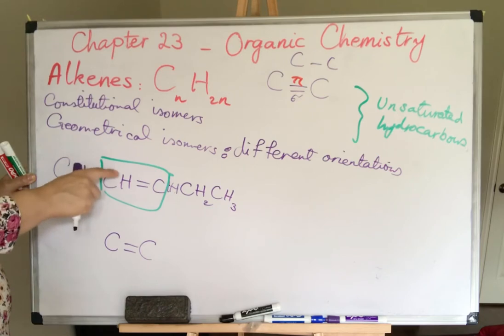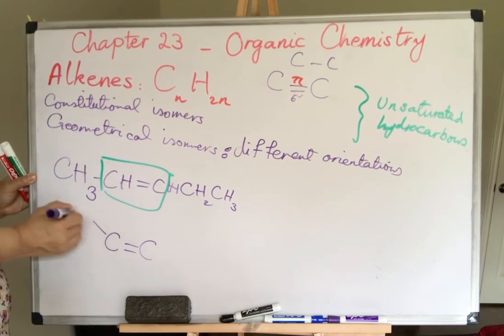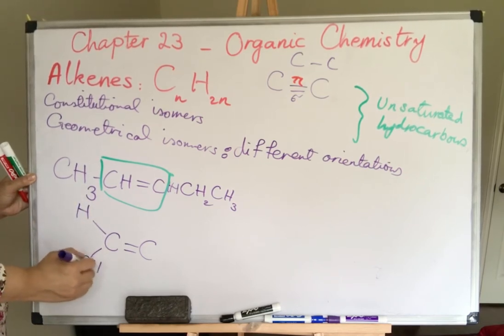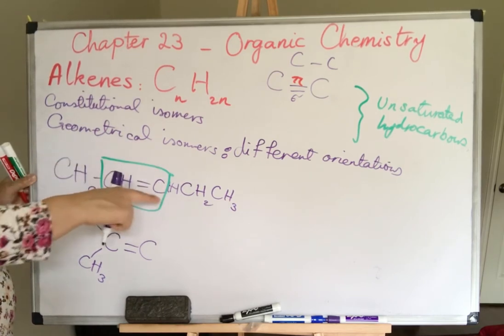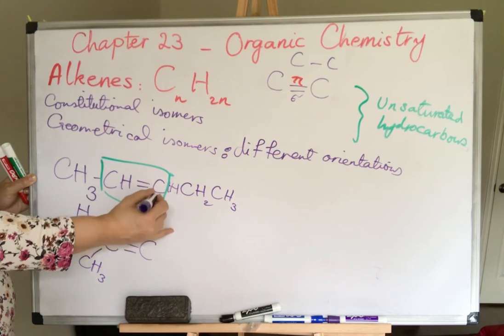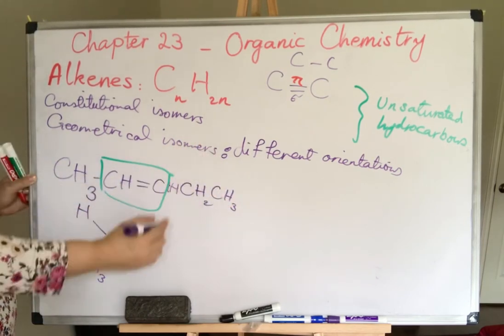What is connected to this carbon? 1 hydrogen, 1 CH3, correct? What is connected to the other carbon? A hydrogen, right? Because I could have drawn them like hydrogen and hydrogen. 1 hydrogen and a CH2, CH3.